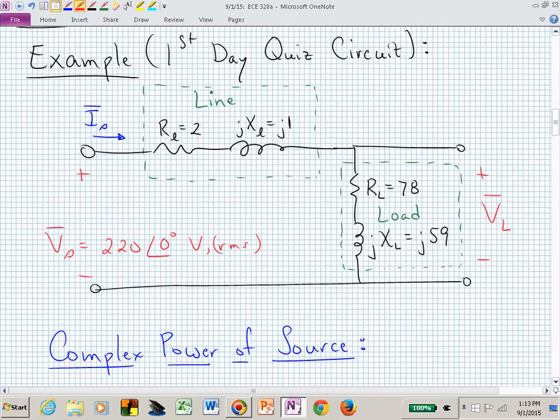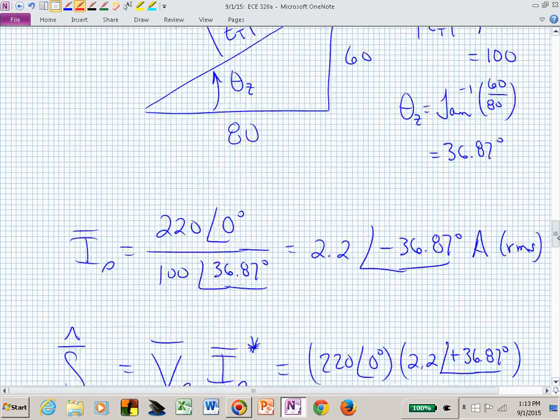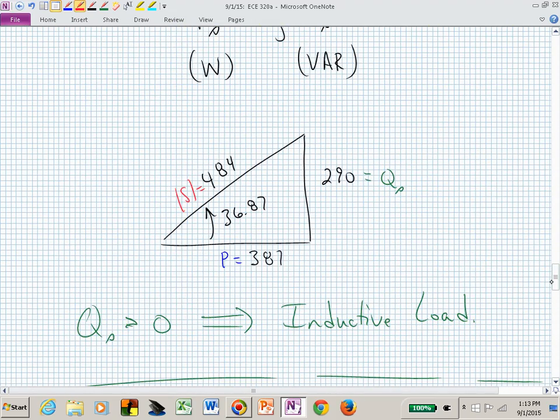So the real reason that we knew it was inductive, well, one is because it was j59, that was positive. The other is that when we came here, Q was positive. And Q, we know, corresponds to a positive angle. A positive angle means that theta sub V minus theta sub I is positive, or theta sub I is less than theta sub V. So the current is lagging the voltage.